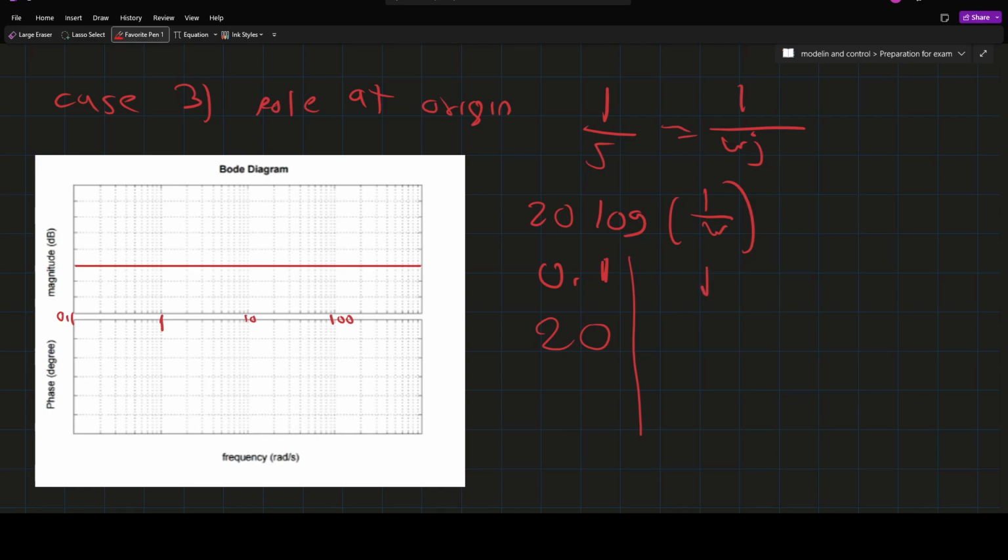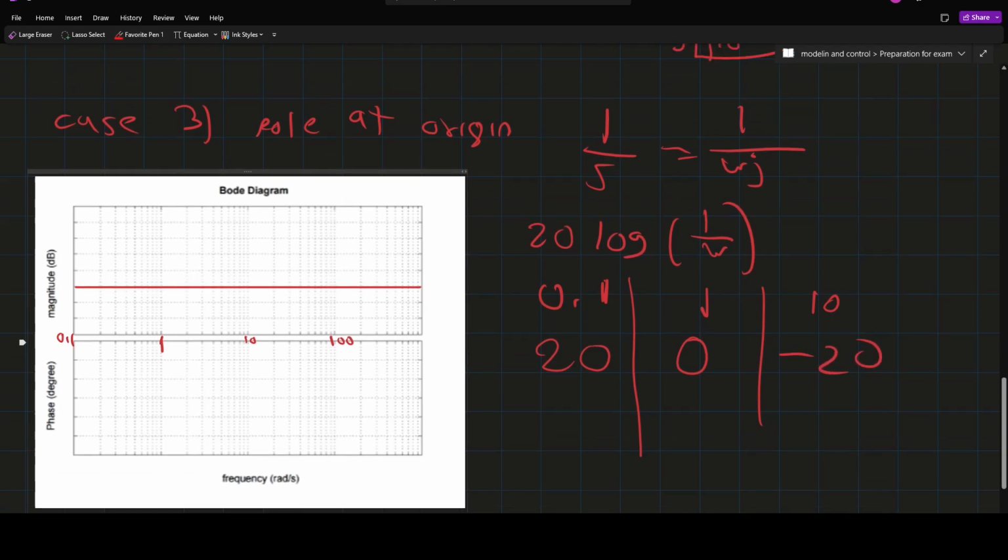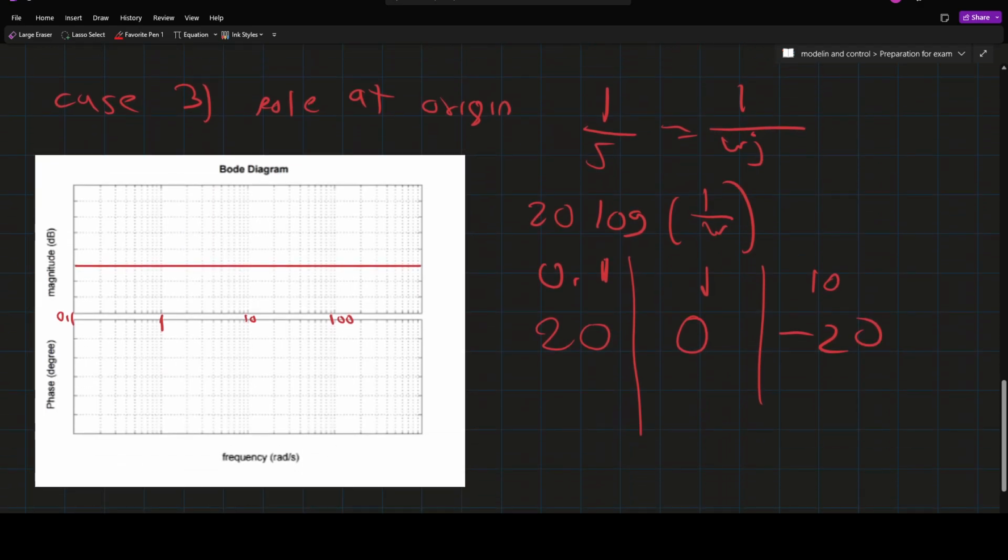When omega is 1, we're going to have 0, because it's 1 over 1. And when we have 10, this is going to become 1 over 10, and it's going to be minus 20. So if you see, it's just the inverse of the last case. We are going to start here at plus 20, go to 0 at 1, and end at minus 20.